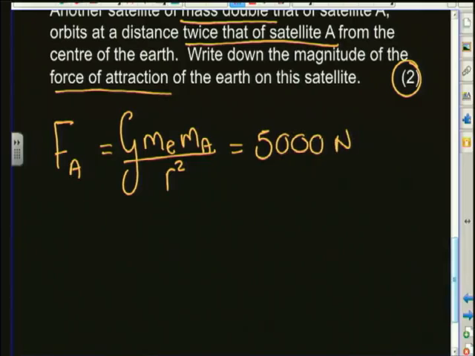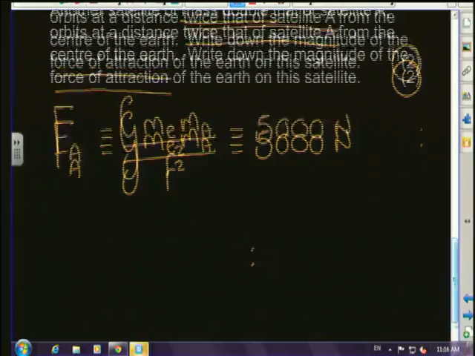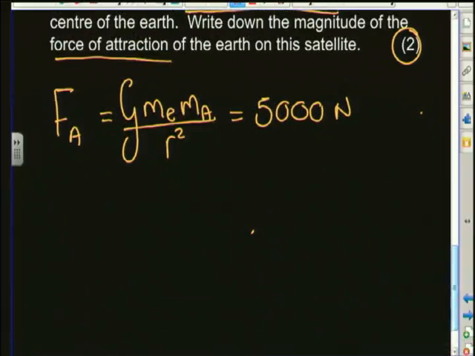What I want to do is work out an equation with B where I ask, how can I compare the information I know about B with the information I know about A? So watch here.